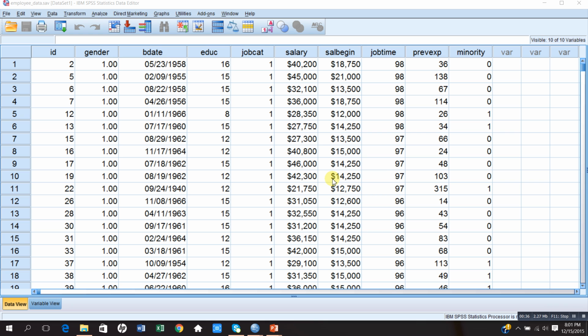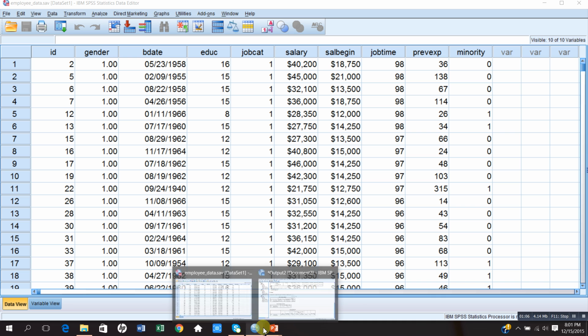But if we have more than two categories, like job categories, there are clerical staff, custodial category, and then there is managerial category, and we want to compare the average current salary of the clerical staff with the average current salary of custodial, and custodial versus manager, in that case we will use one-way analysis of variance.